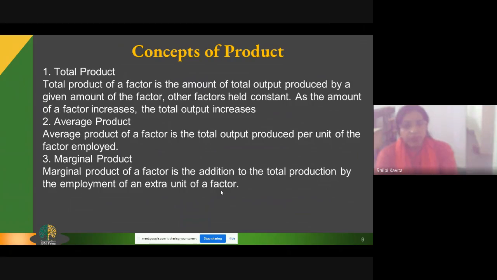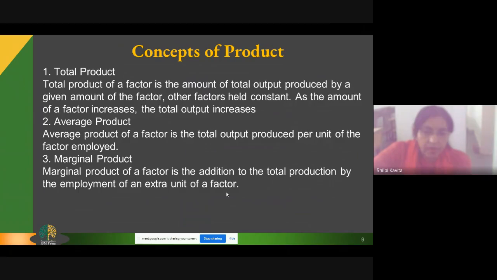So suppose 10 laborers are producing 100 chairs, and if one more laborer is added, then 11 laborers are producing 120 chairs. So the marginal product of that additional laborer is 20.